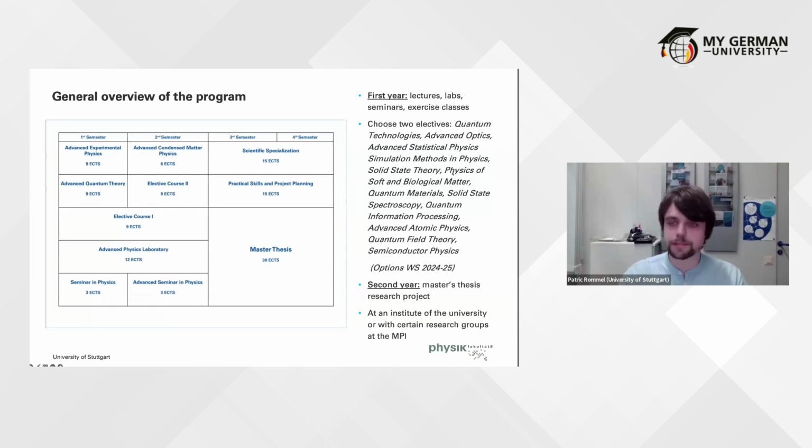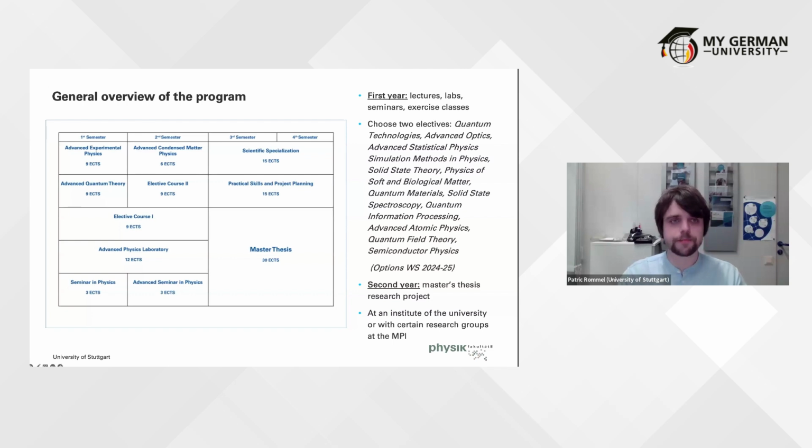Next year, the list might be a bit different, but we have quantum technologies, solid state theory, also some quantum field theory. If you look at the list, you can see that the topics are kind of clustered into quantum theory, quantum technology, solid state theory, solid state physics, and so on.